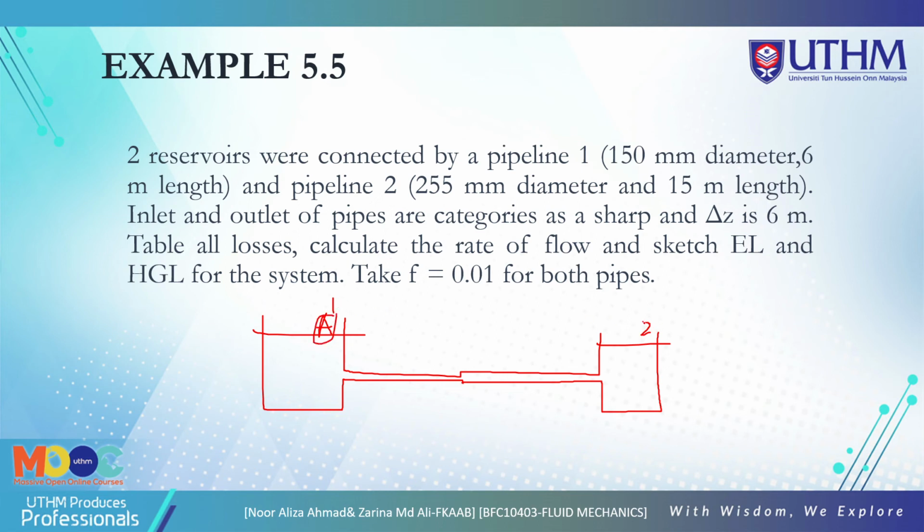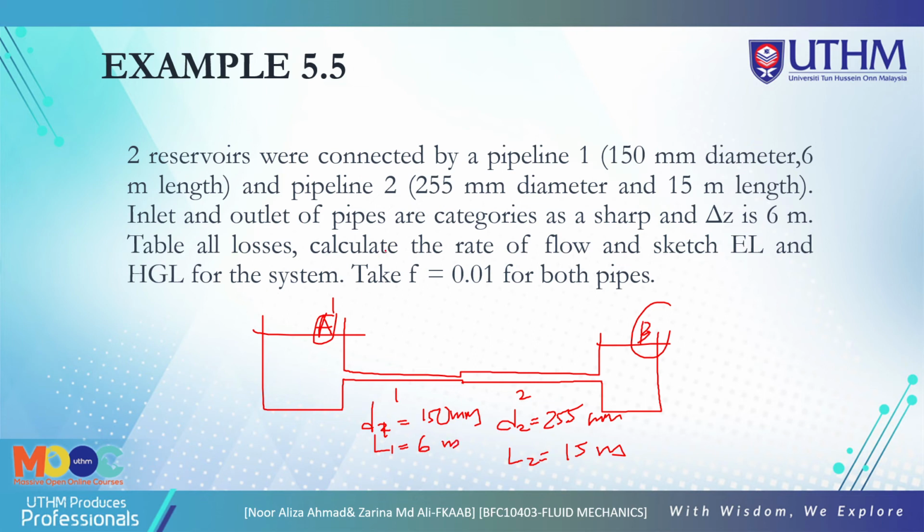A to B. So ni A to B. Ni pipe 1, pipe 2. Pipe 2 is D2 255, and length L2 is 50 meter. Okay, D1 is 150 mm and L1 is 6 meter.